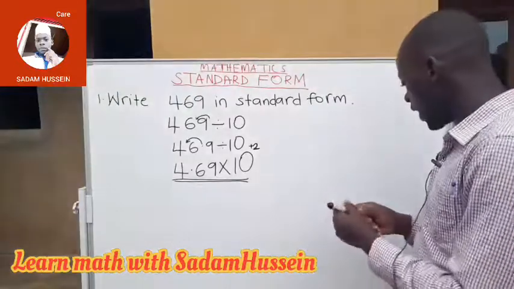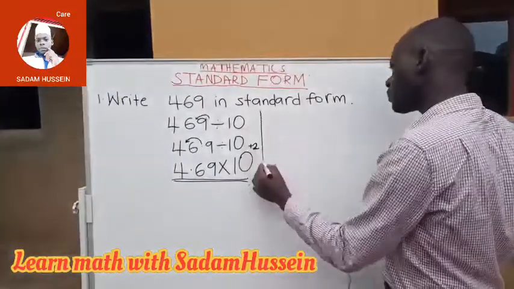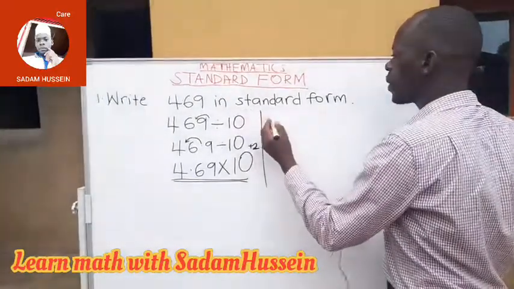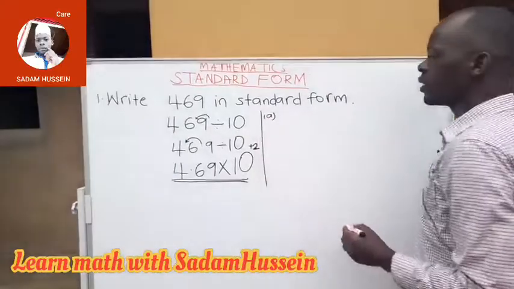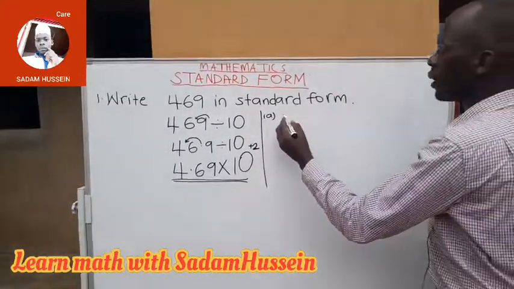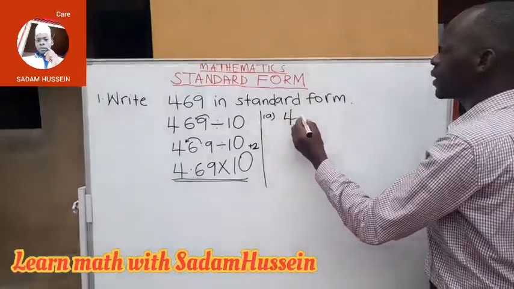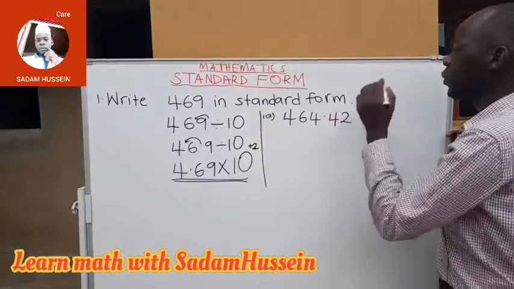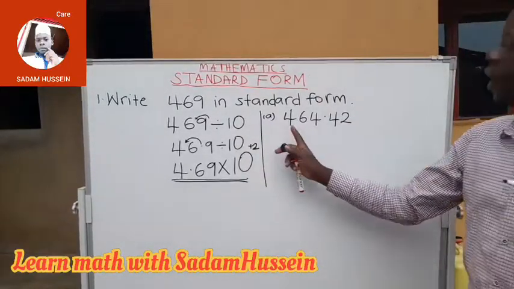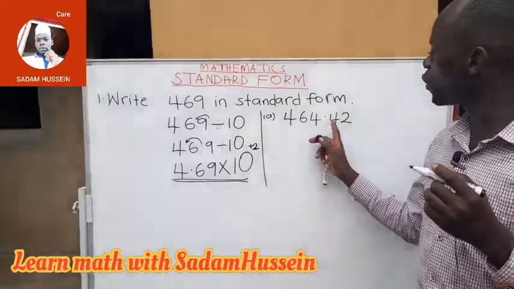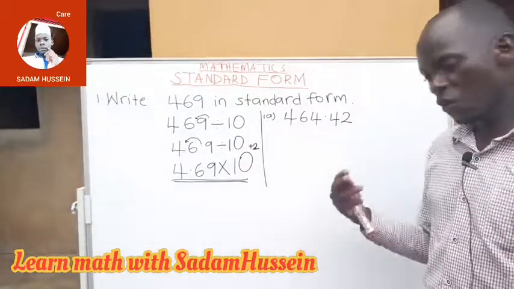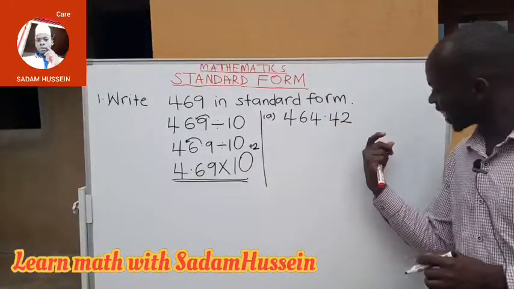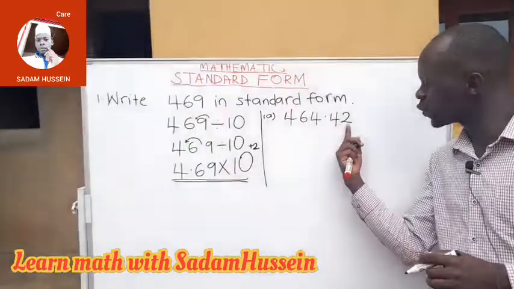It can be done with any other number. We can look at example 2, part B. When they say write 464.42 in standard form, or 464 and 42 hundredths.